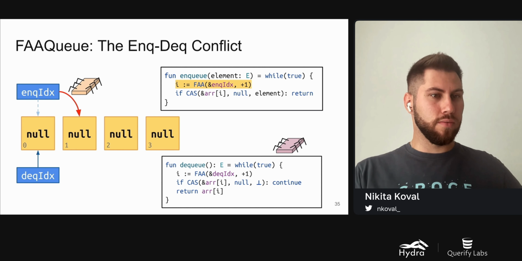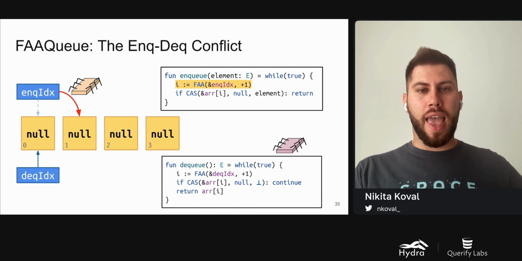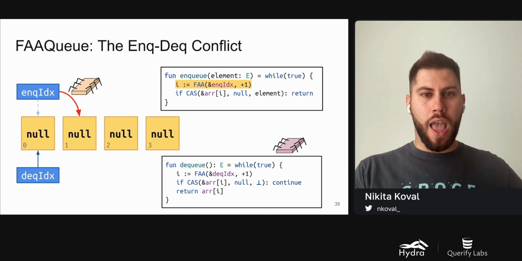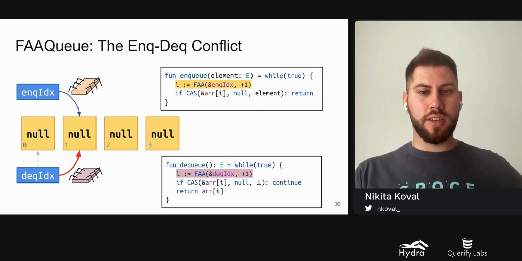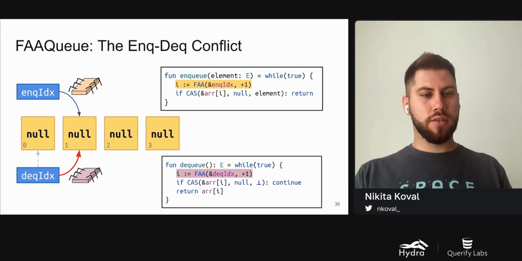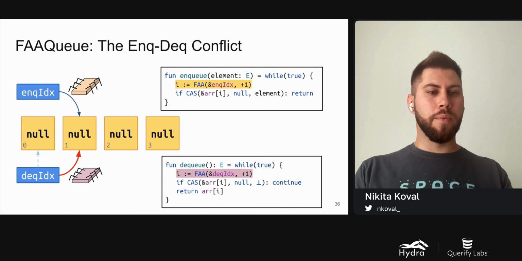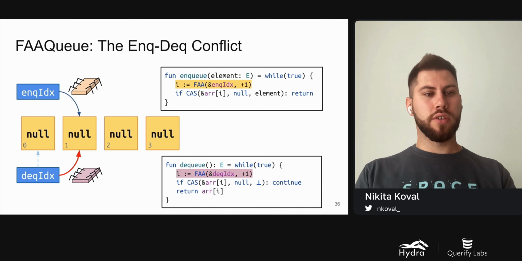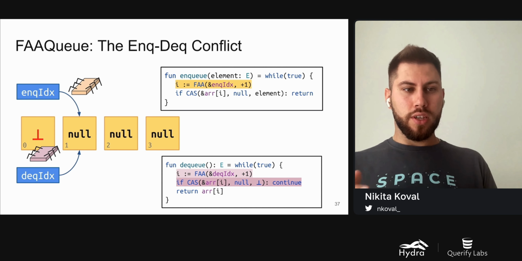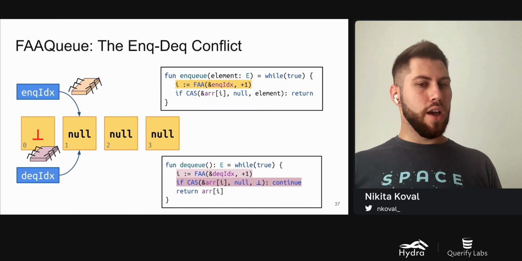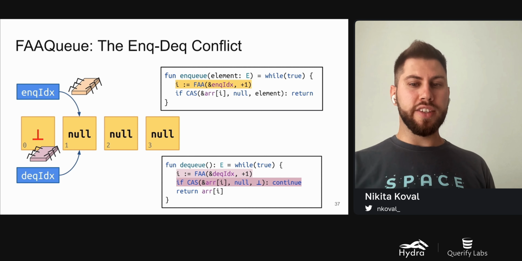So our conflict is resolved the following way. The yellow thread starts, like in the previous example, it increments the enqueue index, and it's stuck for a while. Then the purple one starts and increments the dequeue index. After that, it goes to the claimed cell 0, notices that the cell is empty, so it poisons the cell and restarts.